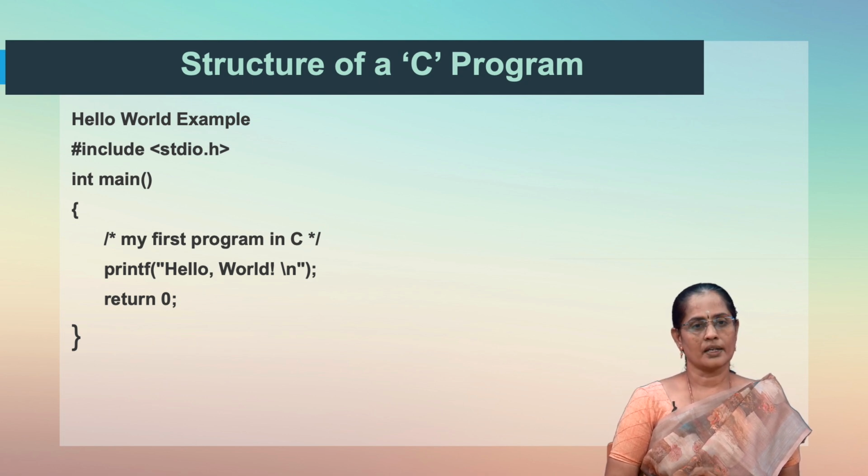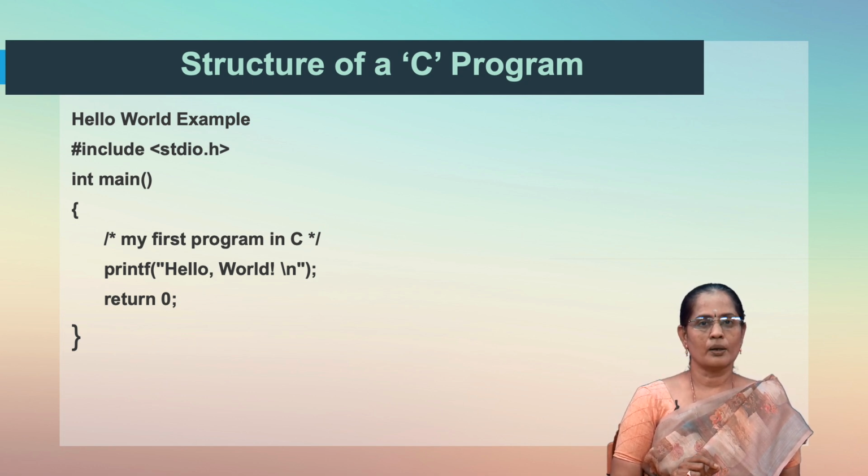So, you can see in the slide that I have given the first statement to be hash include stdio.h in angular brackets. If I give it in angular brackets, it means the library functions from the header file standard IO, which is in short named as stdio.h, and include is again a keyword which is used to include the library functions with respect to standard input output operations.